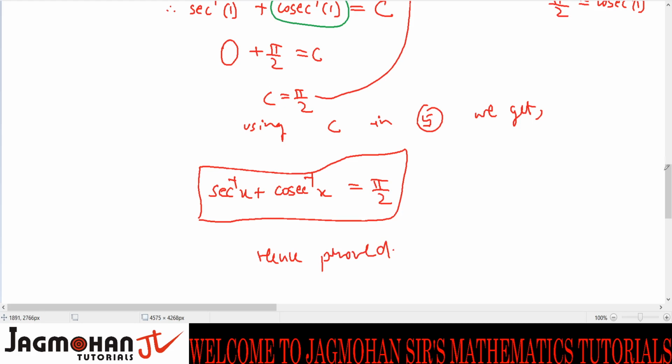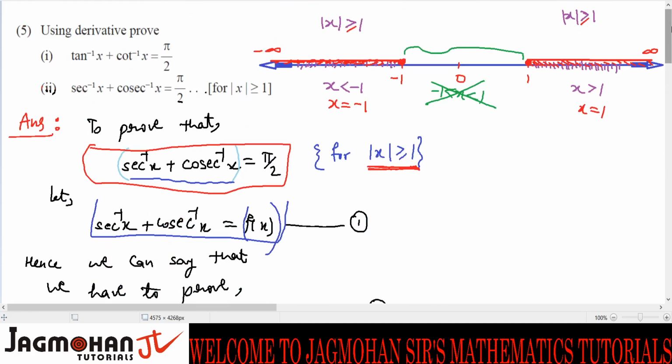Hence proved. Students, you will solve now this problem on your own, and also you will solve sine inverse x plus cos inverse x equals to pi by 2. You will also solve this. Okay? Please. Thank you.